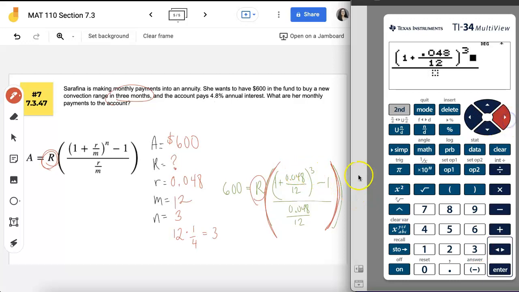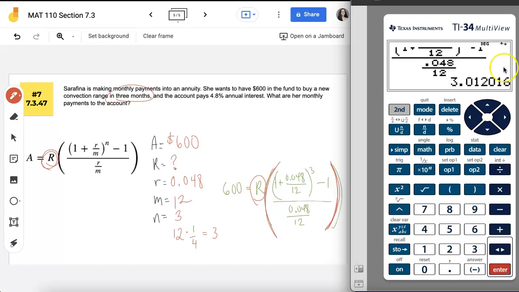Move out of the exponent, subtract 1, and at that point we have everything that's in the numerator. Move down to get to the denominator, and notice there's another fraction there. Type in its numerator and denominator. And what this value tells us is the equivalent to everything that's in this messy complex fraction right here.